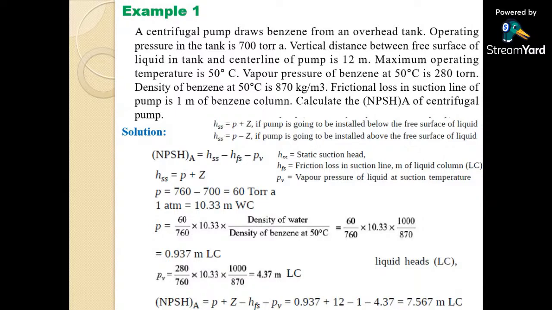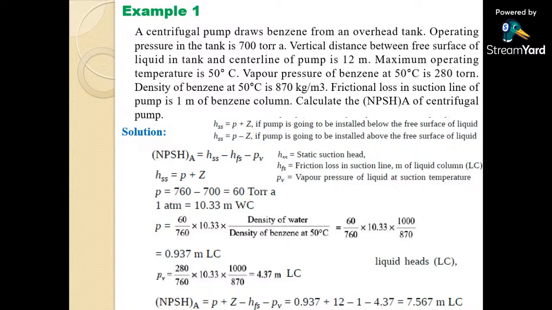Now you have to substitute it here. So NPSHA equals HSS is P plus Z minus HFS minus PV.